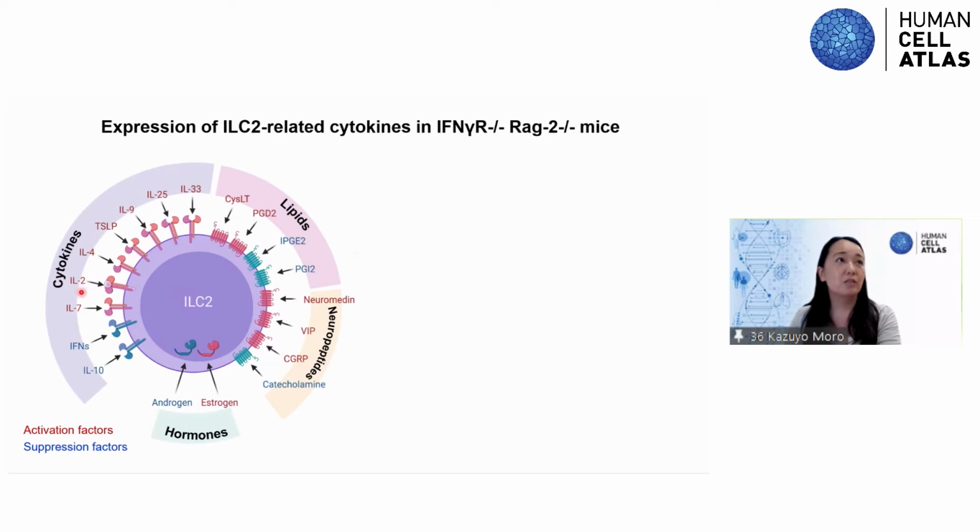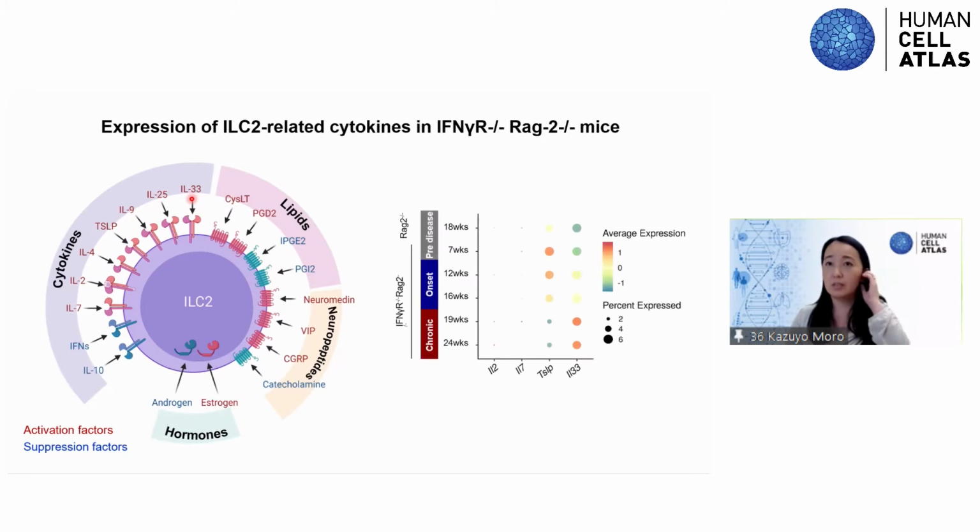Among these factors, IL-7, IL-2, TSLP, IL-25 and IL-33 are reported to be important for the stimulation of ILC2, so we assessed these 5 factors. Unfortunately, we couldn't detect IL-25 in our single-cell RNA sequence model, but IL-2 and IL-7 expression didn't change much from pre-disease onset to the chronic phase.